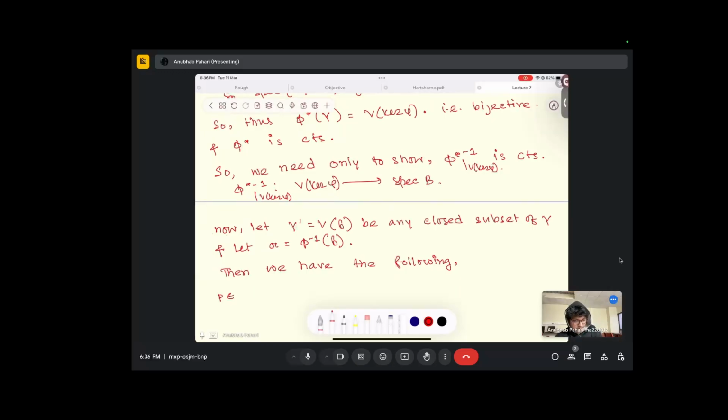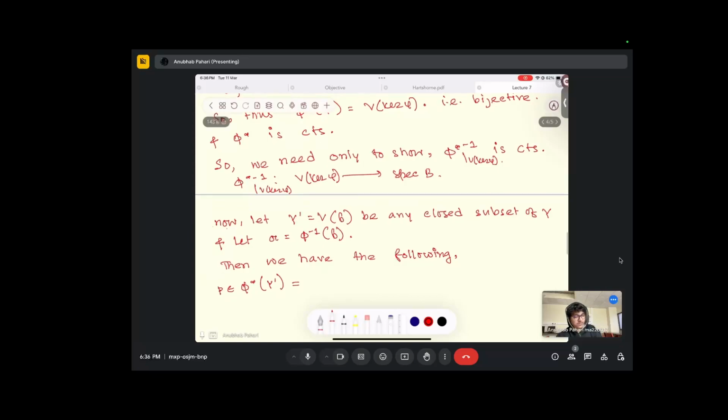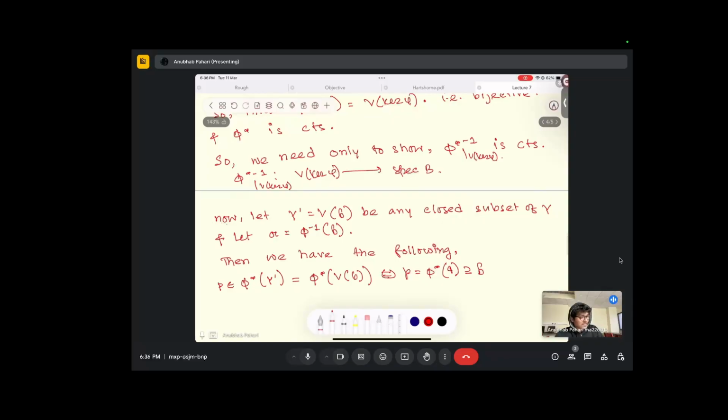P belongs to phi star y prime, I mean you are just taking its inverse image, that should be phi star of V of b, and should be P equals to phi star of q, which obviously contains b, and this is equivalent to, as you can see, p equals to phi inverse of q.